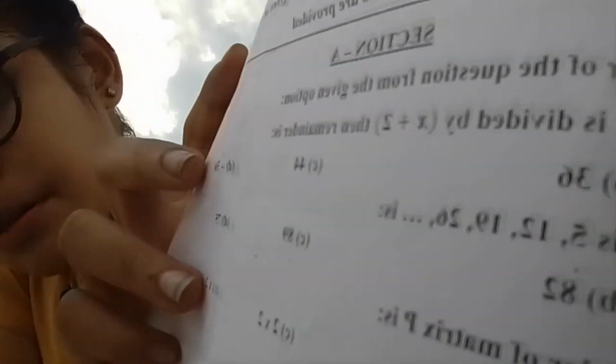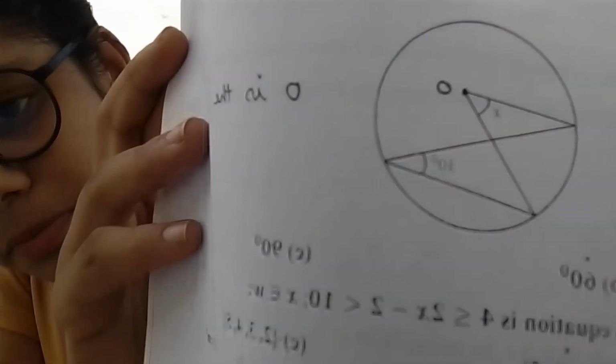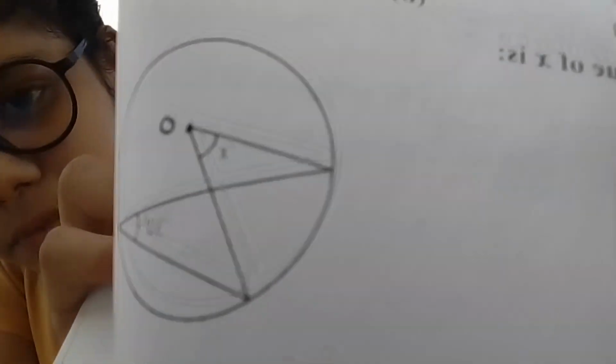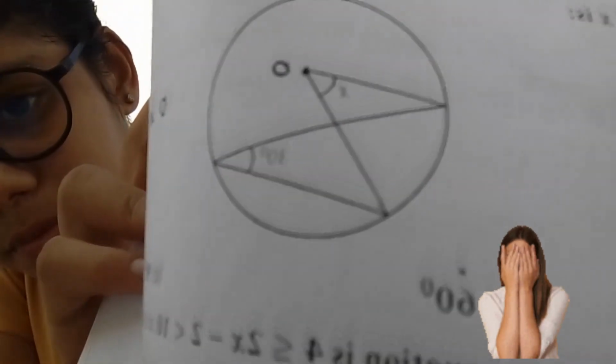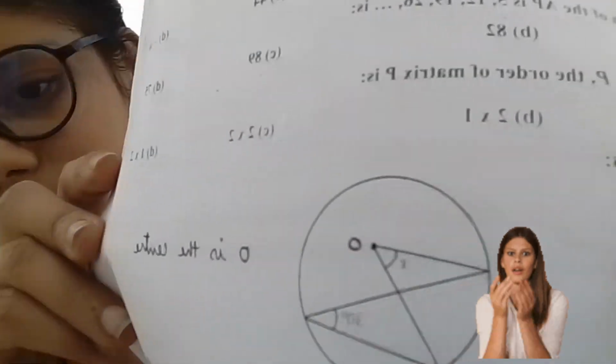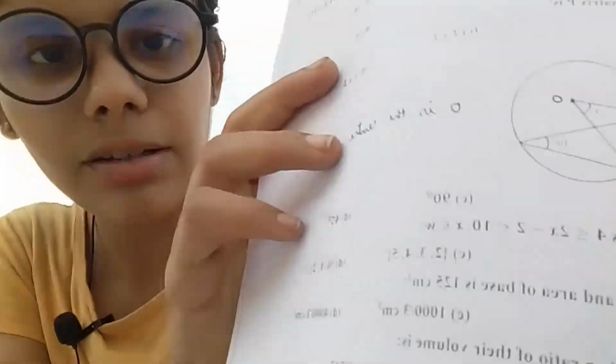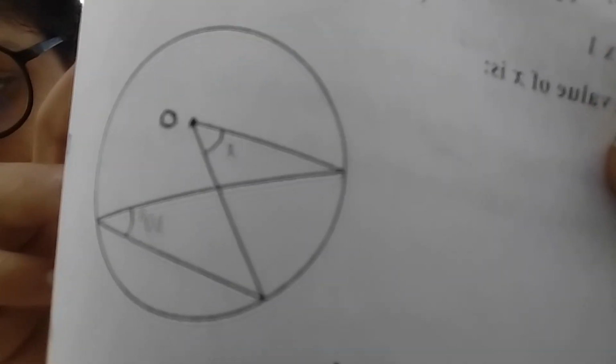Now the value of x is from the circle that I am showing here. Can you see it? I think you can't see it. This is the circle.